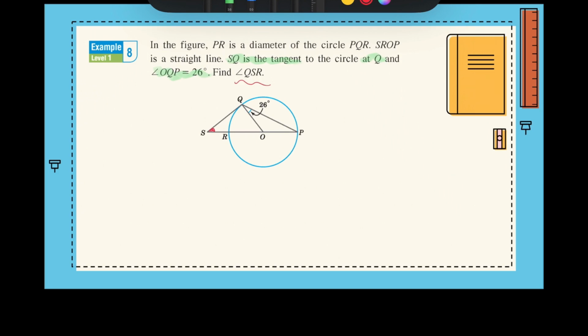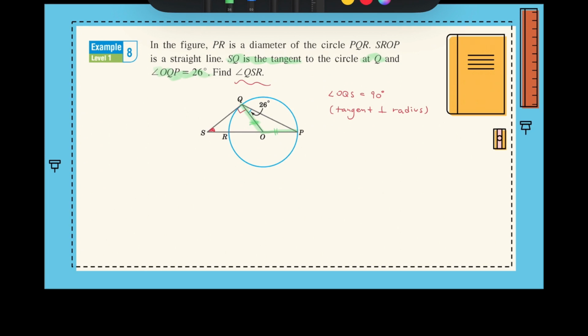So what do we know about this shape here? We know that SQ is the tangent to the circle at Q, meaning that angle OQS is equal to 90 degrees because the tangent is perpendicular to the radius. This is what you have just learned. So this one is 90 degrees. And this is a circle, so you know that OQ and OP are radii.